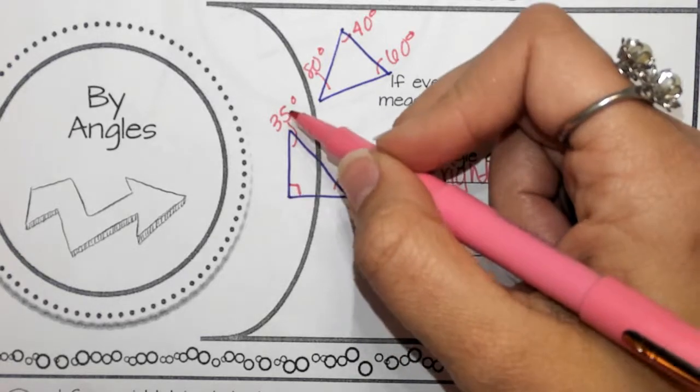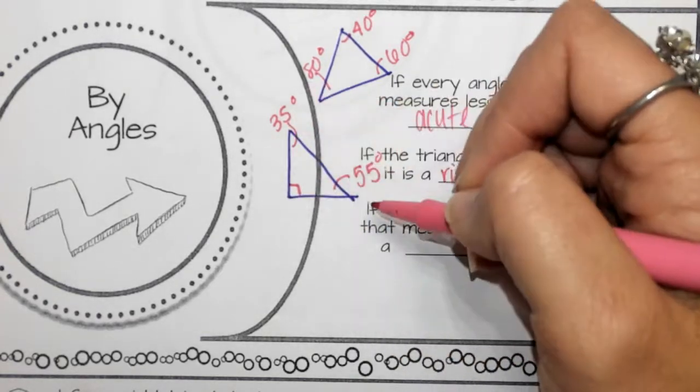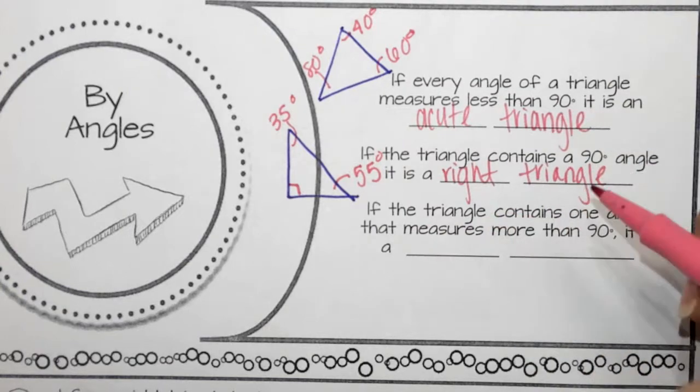So 90 plus 35 plus 55 is 180. The point of a triangle is that it's 180.